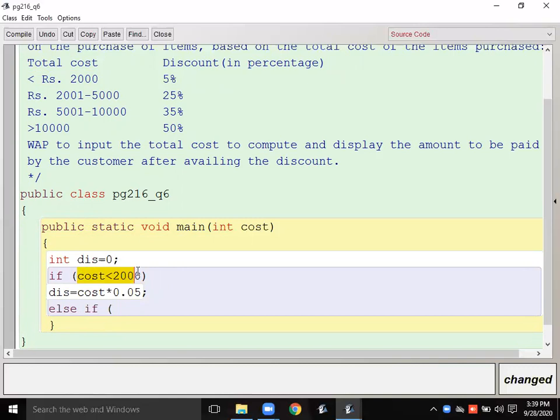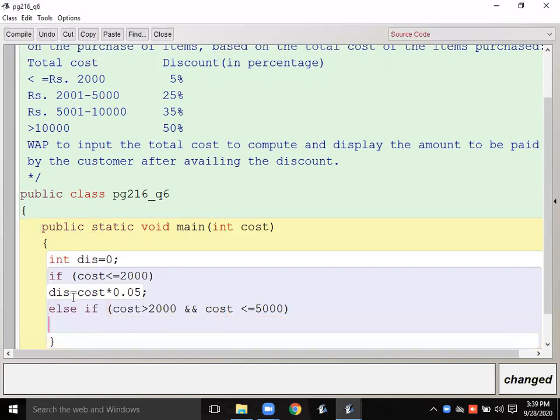Then here cost is what? 2001 to 5000, but I think here it should be less than or equal to, so cost greater than 2000, and cost less than or equal to 5000, right?